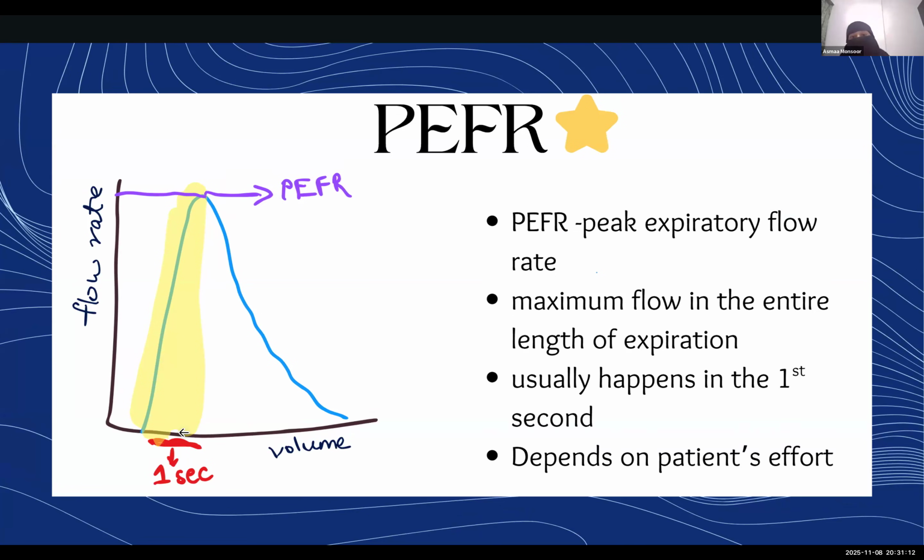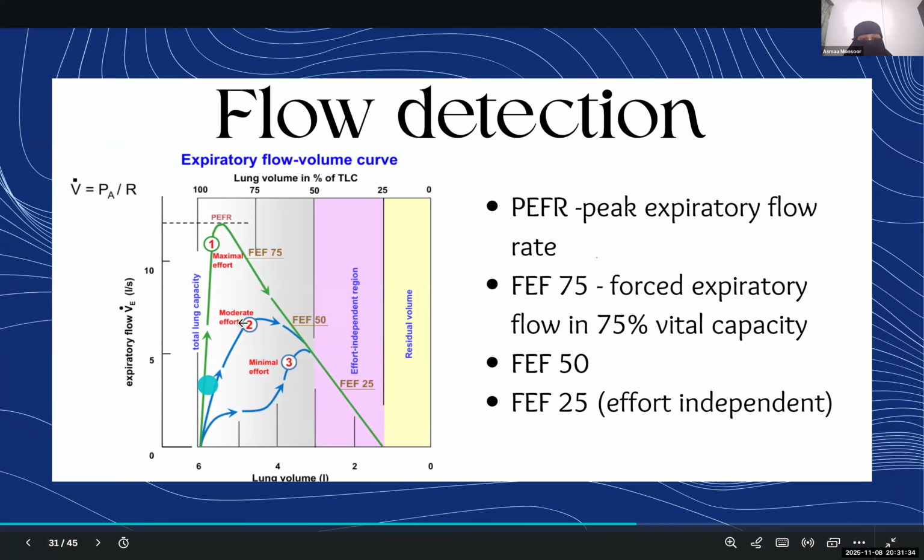For example, if I'm exhaling with my maximum effort, then the peak expiratory flow rate is going to shoot up like this. However, if I'm not going to put in my maximum effort, then the peak expiratory flow rate is going to just stop over here and then come back down. Did you guys get that? That's what's shown over here. When I put in moderate effort, this is how much the peak expiratory flow rate can go.